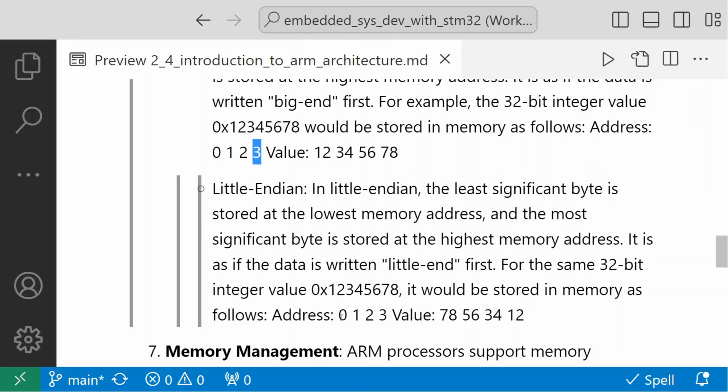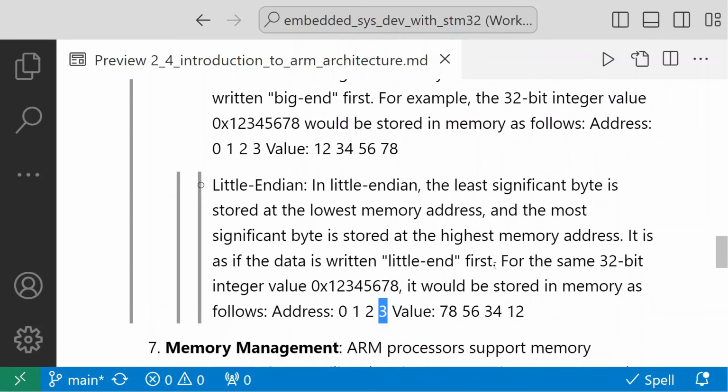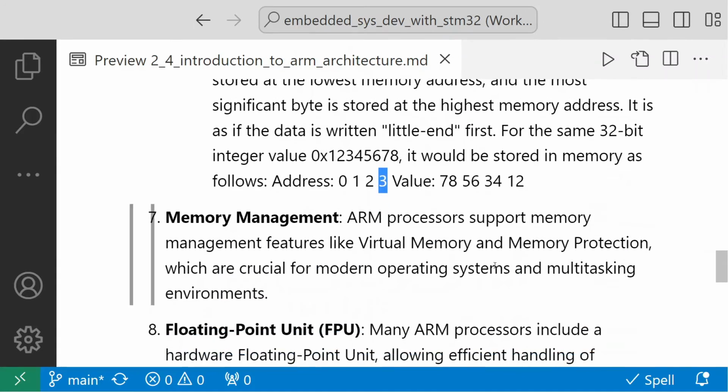So here you can see the addresses 0, 1, 2, 3, and the values are 78, 56, 34, and 12. Here the 78, which is the least significant byte, is written at the 0th position, and the 12, the most significant byte, is written at the highest address. So that's about little endian and big endian.